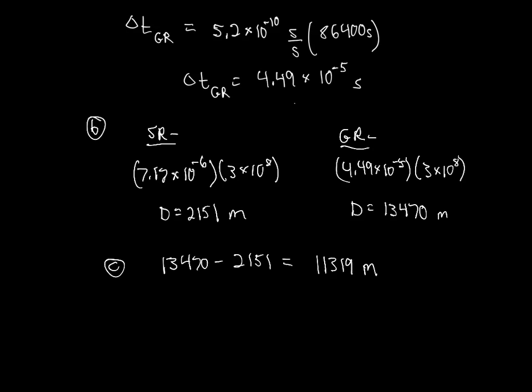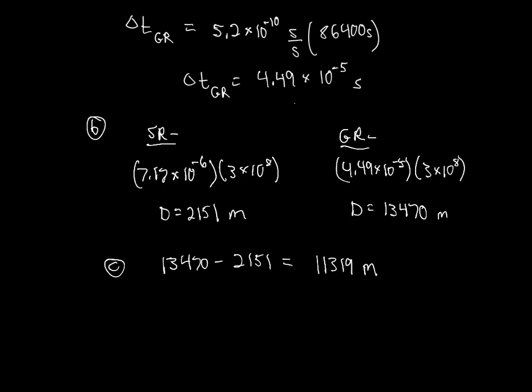Is that a lot of meters? What distances do we usually use in the United States? How do we measure distance? Miles. So let's convert that to miles and see how many miles it is. So if your GPS didn't use special relativity and general relativity to correct itself, let's see how far off you'd be after a day.